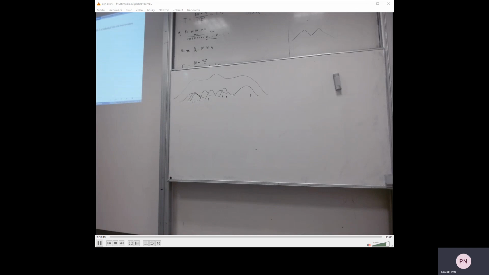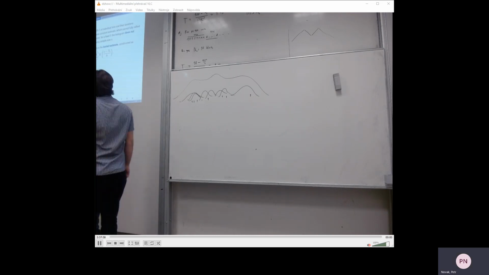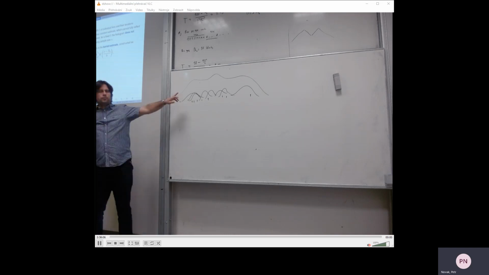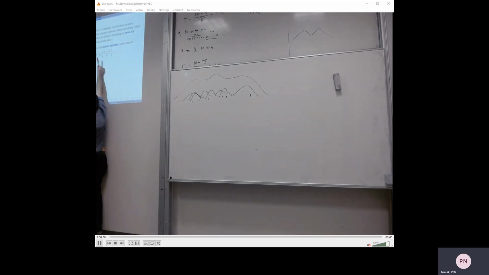Formally, the kernel estimate works like this. At each of the data points, x1 up to xn, you plot a function which is called a kernel function. It can be chosen as Gaussian or different, but a smooth, nice function.